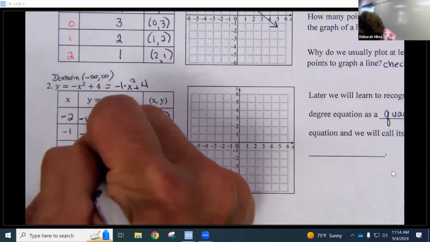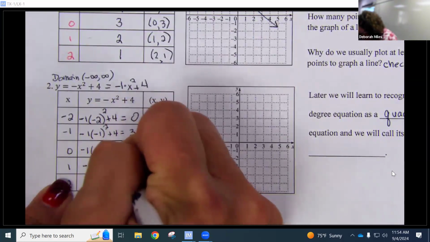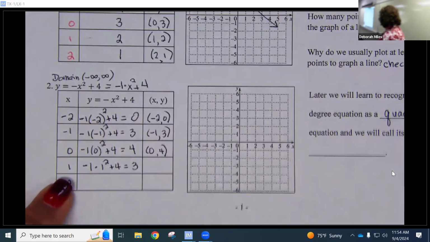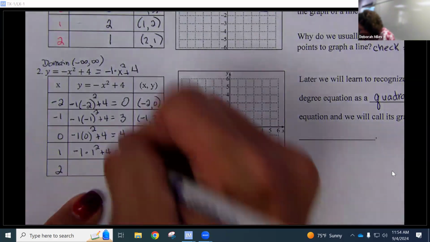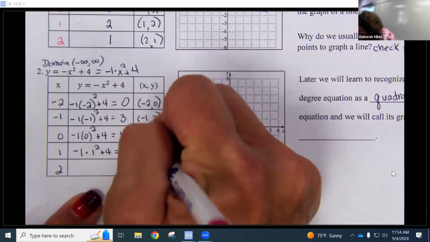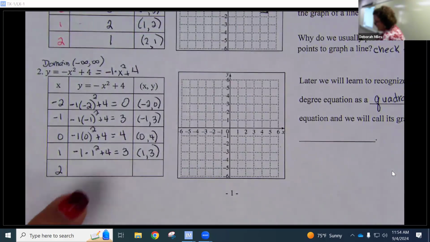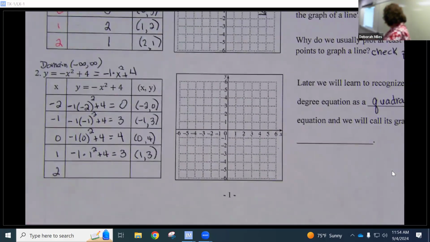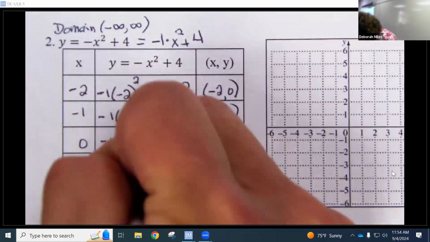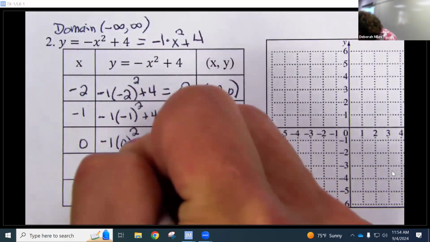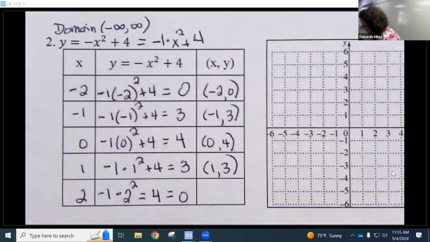Let x be 1. You get y is 3. So the ordered pair 1, 3 is on the graph. And then finally, if you let x be 2, you get y is 0 again.